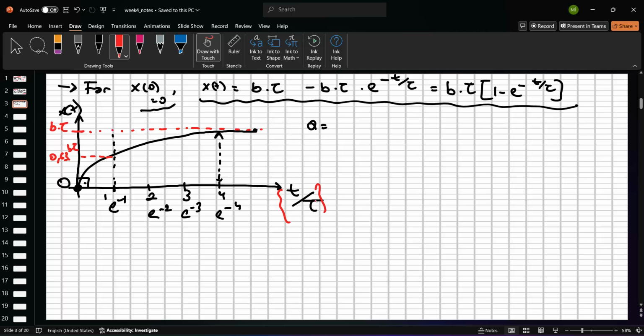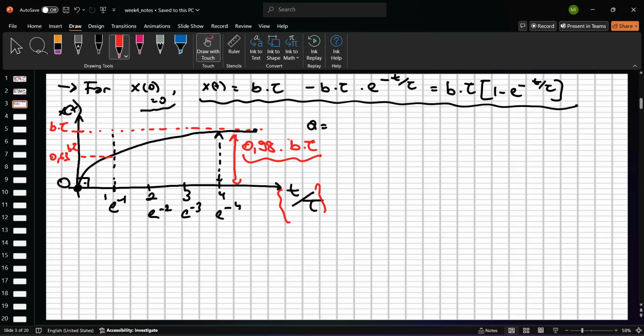If we choose the t divided by tau at the x-axis, at the y-axis we have the x(t) value, and so this value is equal to 0.98 times b tau value, okay? This is the standard formula to derive our basic parameters, okay?